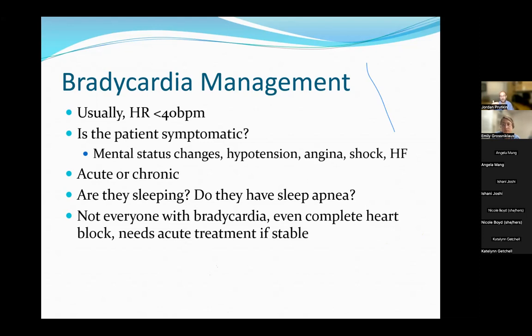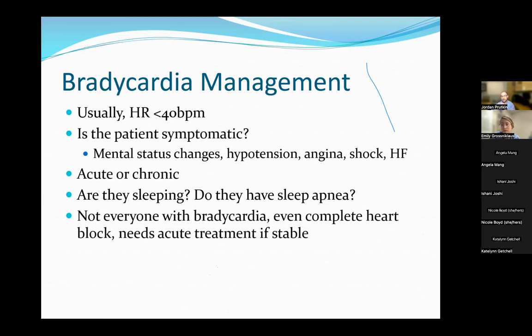One of the keys is, what is the width of their QRS complex with their escape rhythm, assuming, let's say, they have complete heart block. If the QRS is narrow and they're feeling okay-ish, you do not need to put a temporary wire in. But if their QRS is wide, or if they're having significant symptoms because their heart rate is 20, then that's the situation where you would do it.